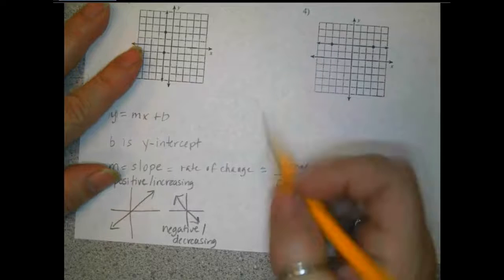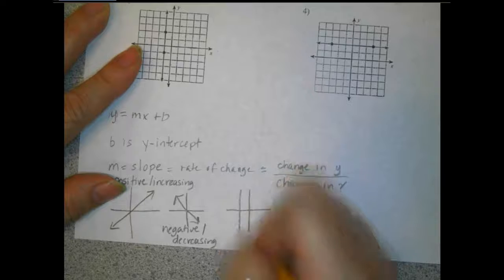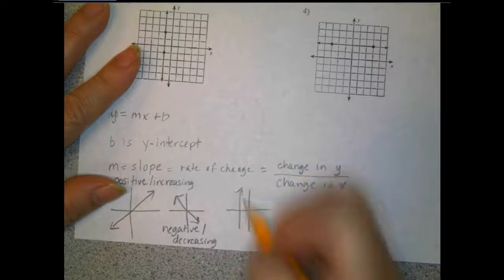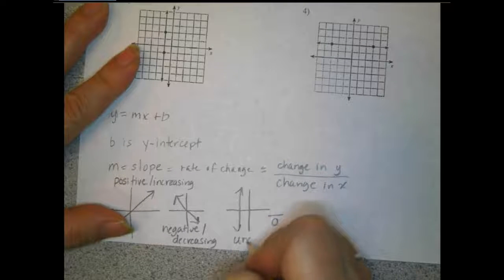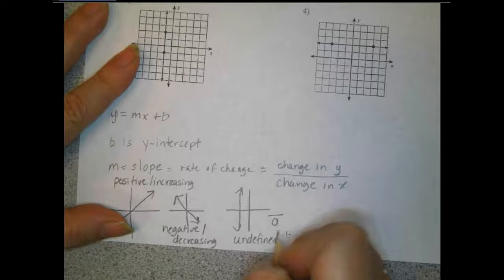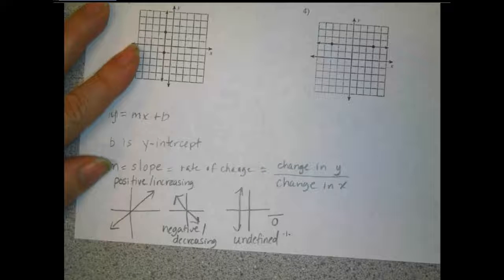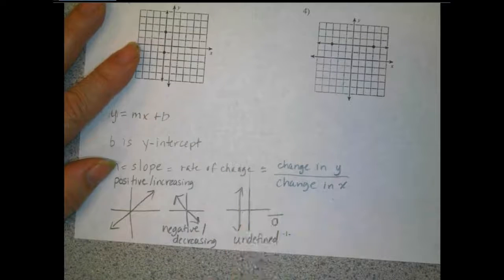We also have lines that go this way. When the line goes this way, our 0 is underneath the line. It is undefined. That means it does go up, but it goes straight up.